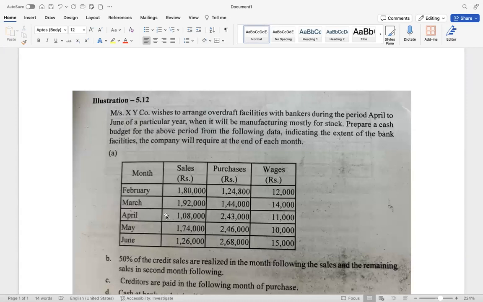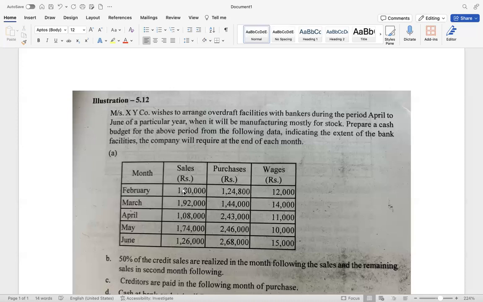This is the data for the respective months: February, March, April, May, June. These are the details for sales and purchases, wages. Purchases and wages are expenses, the payments. Sales are the receipts. When you're preparing the cash budget, you have to divide all the items into two broad categories: the receipts and the payments.